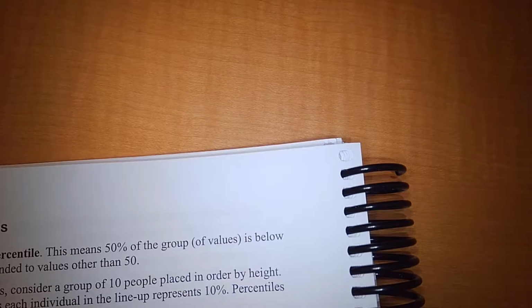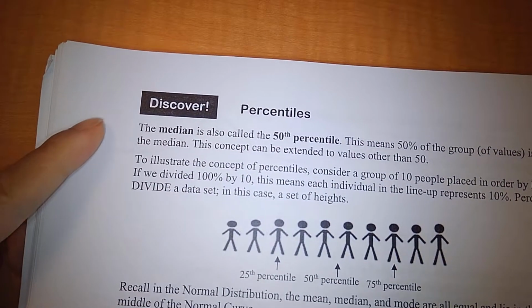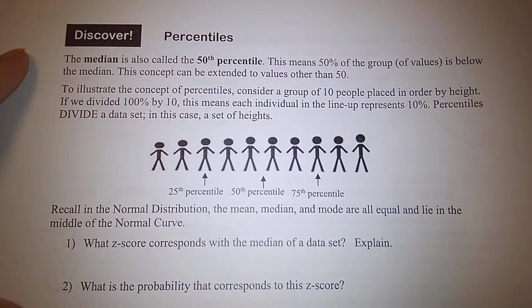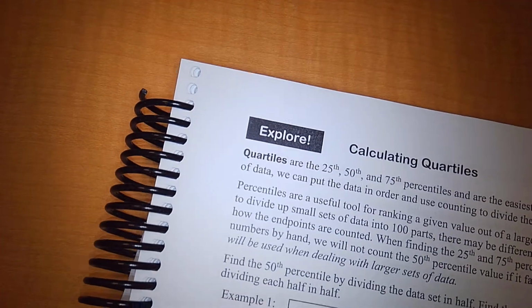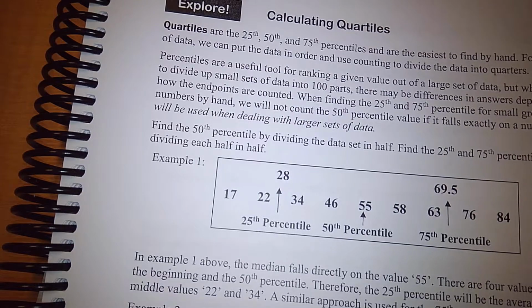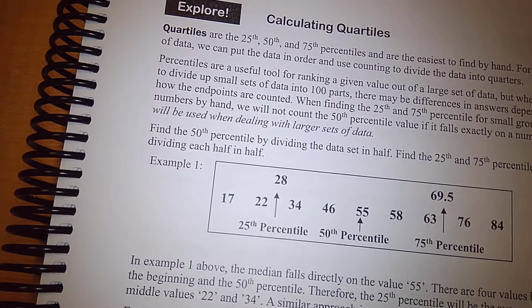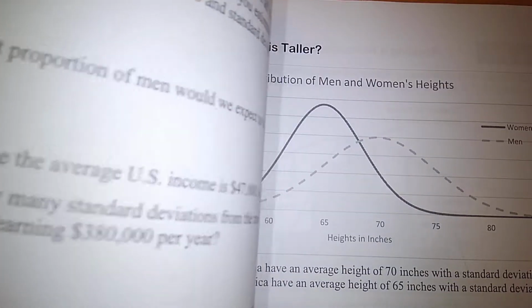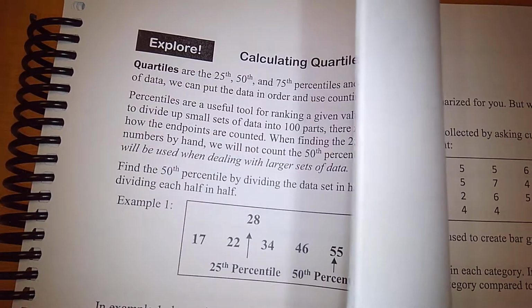Page 198, discover part. What is a percentile? Discover part. Page 199, entire page. Even if it's explore, we also have to know it. So 199, entire page. So that's it for section 15. So many pages, right?